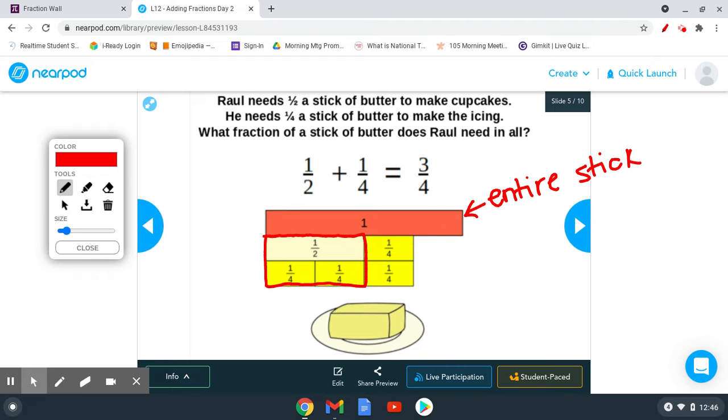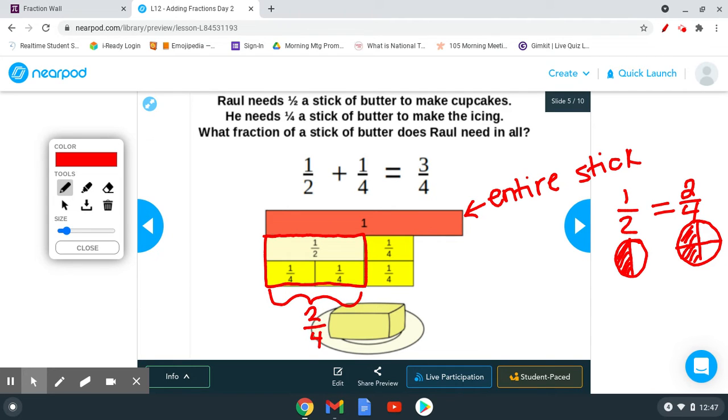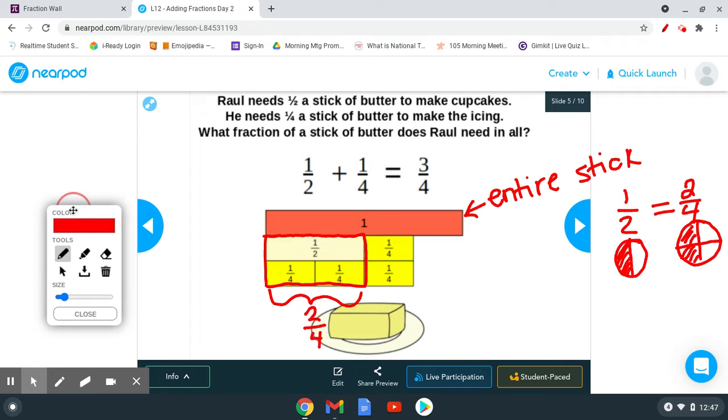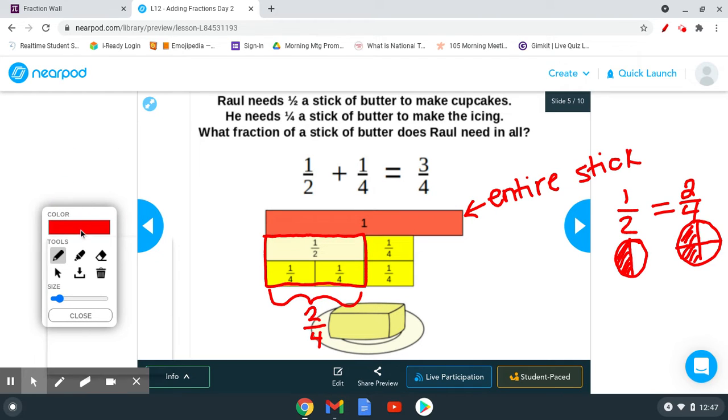As we talked about yesterday, 1/2, I can shade it in if we're looking like our models from yesterday in our notes, is equal to, well, if I cut my circle into fourths, 4 equal pieces, I would have to shade in 2/4, which is what's being shown right here. 1/2 is equivalent or equal to 2/4.